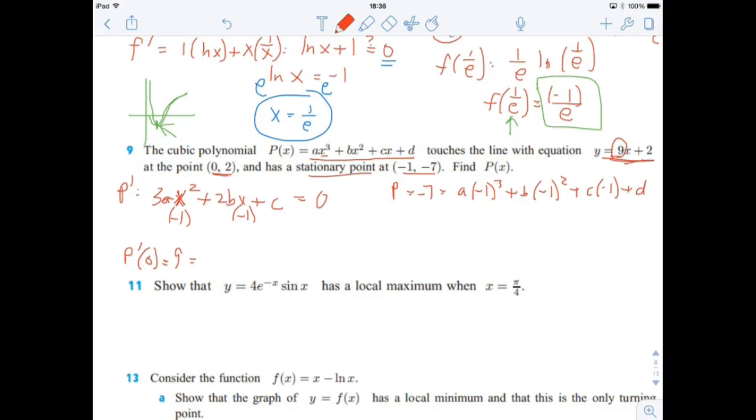If you put 0 in for p dash, this term becomes 0, this term becomes 0, and you're just left with c. So we just found out that c is equal to 9.